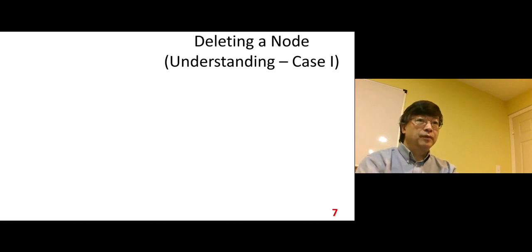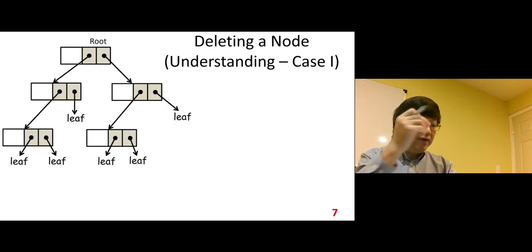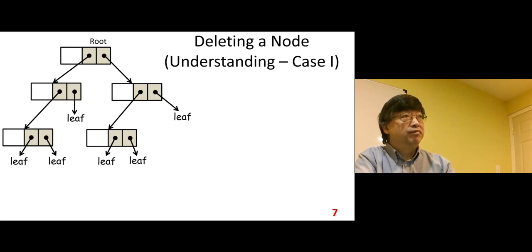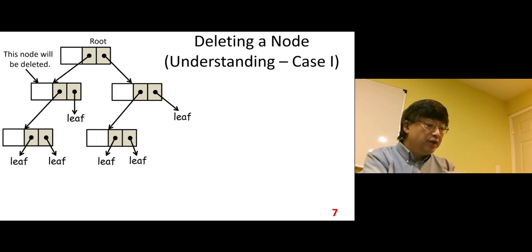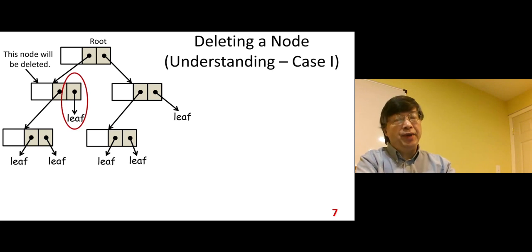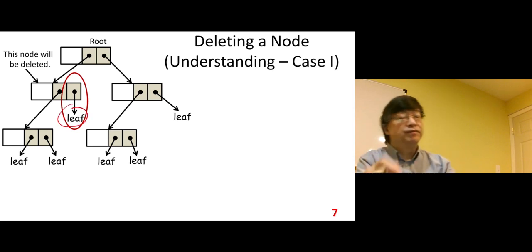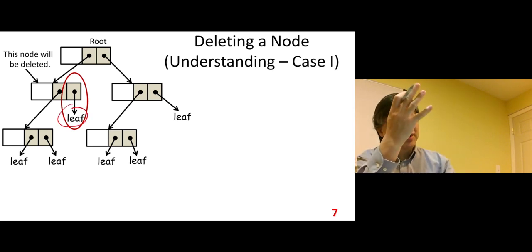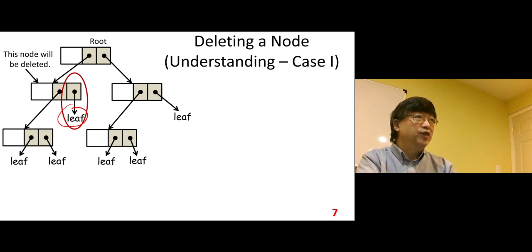All right. First case, the simple one. Suppose we have this binary search tree. Now assume we want to delete this node. But when we delete this node, there is a special property. The right subtree points to a leaf. That makes it easy for deletion.